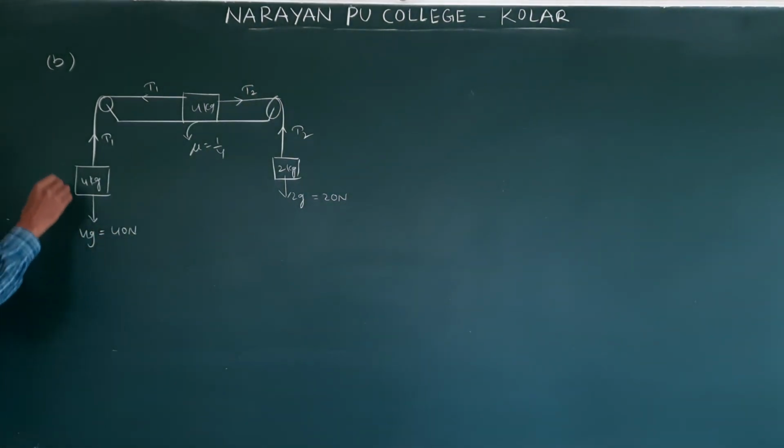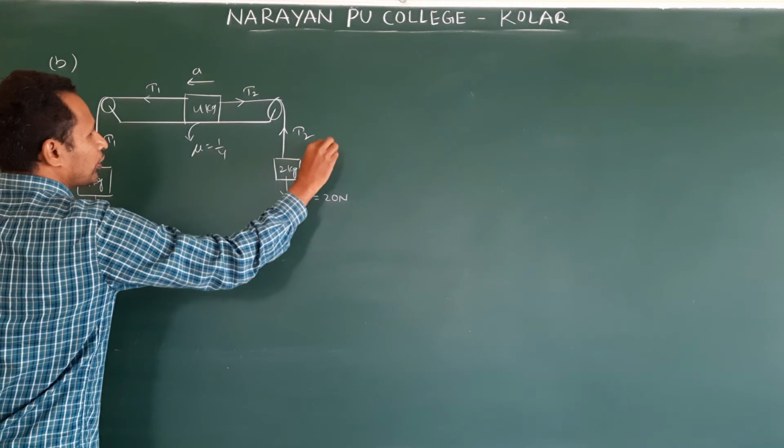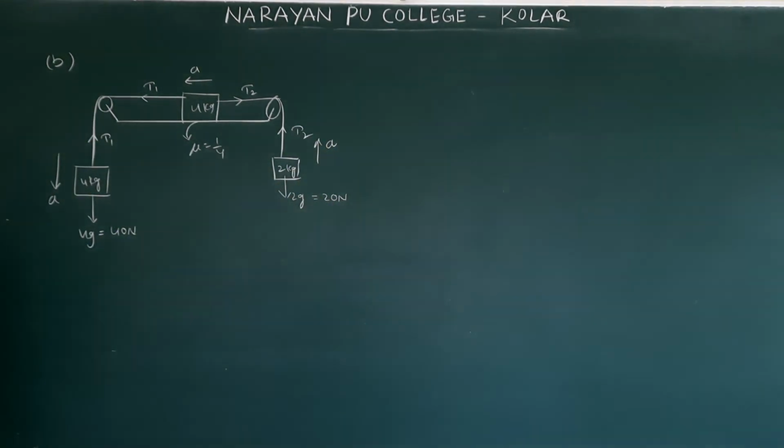So this weight is more, the system will accelerate. The 4 kg mass is more, so it moves down, and the 2 kg block accelerates upward. To find the tension, we need to calculate acceleration.